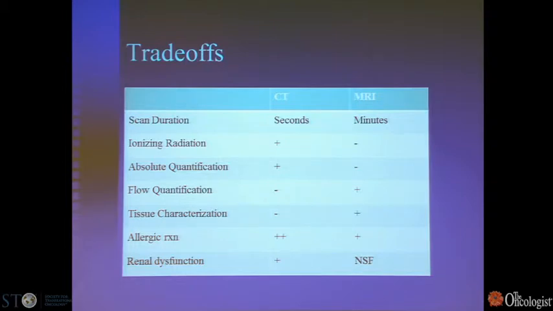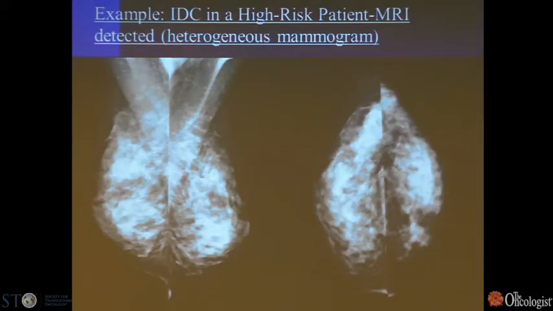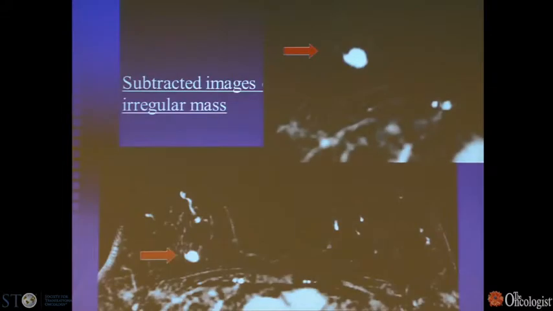I'm going to show a few cases for breast MRI, courtesy of Dr. Sherry Kuzmiak, who's the director of the breast imaging program here. This first case is oblique and CC views demonstrating dense breast parenchyma, very difficult to detect an underlying tumor.